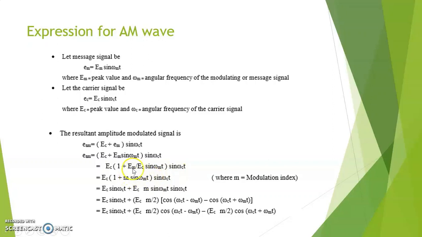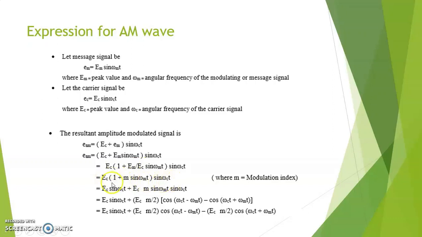And this term EM by EC, that is the maximum value of the modulating signal by maximum value of the carrier signal, we are going to represent by an important term called modulation index, represented by small letter m. So EC into 1 plus EM by EC, we are going to replace by small letter m sin omega mt into sin omega ct.